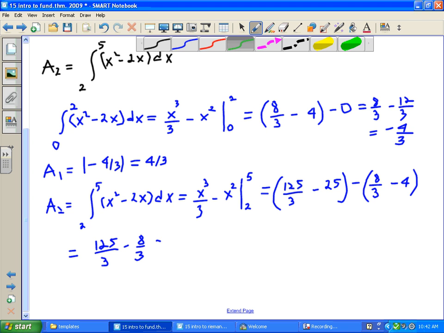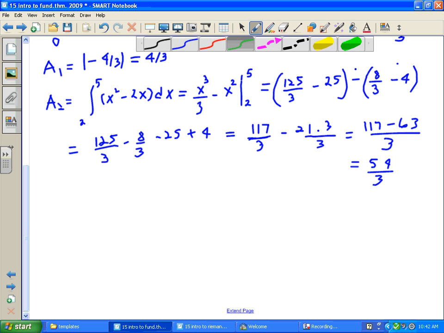And then the whole numbers are negative 25. And negative times negative is positive 4. So that's 1/17 minus 21. And again, getting common denominators. So I get 117 minus 63 over 3. And for that, I got 54/3.